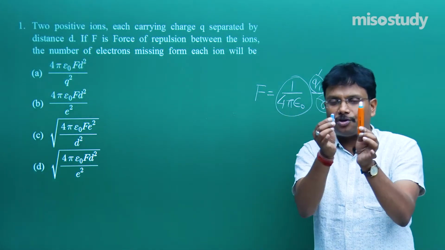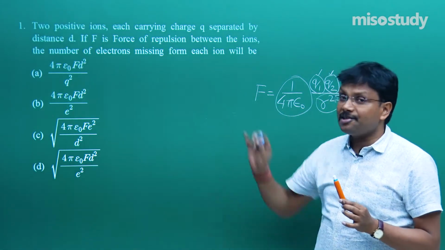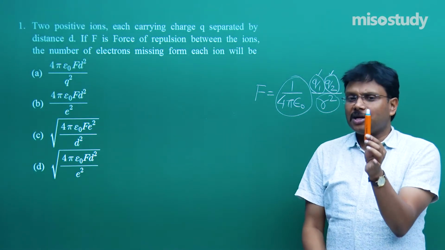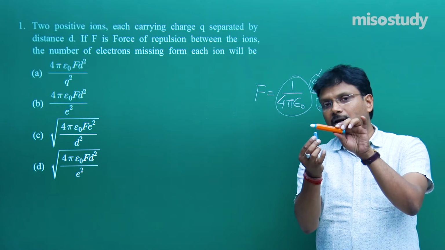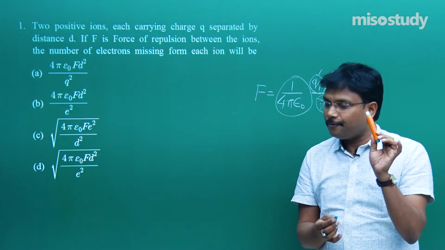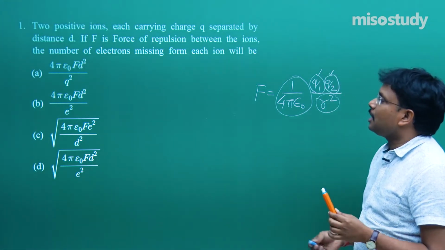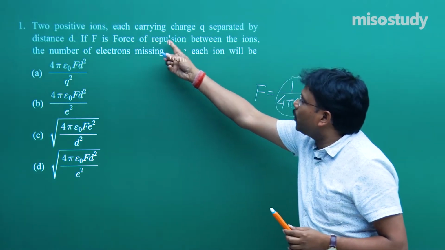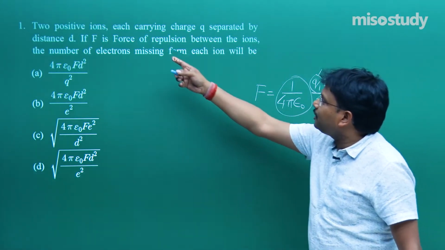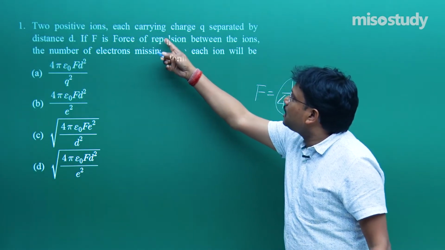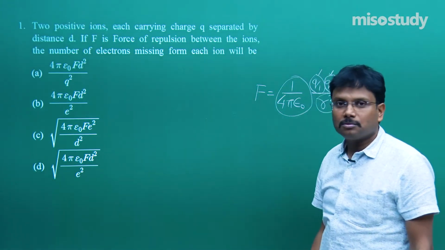They will exert a force of repulsion. The same thing is happening here. Now my question is, how many electrons did I remove from here? So the situation has been very much simplified. Why? Because they say each carrying charge q.